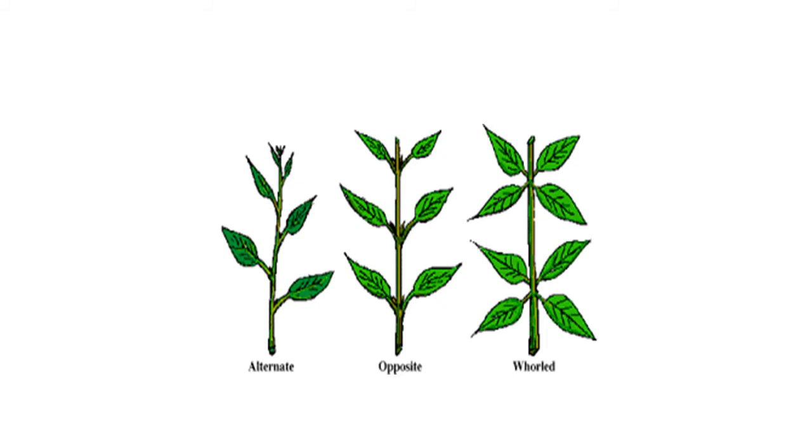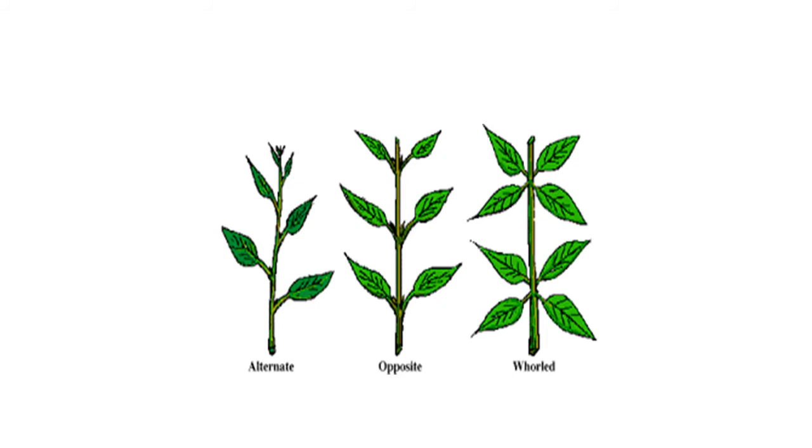In the next figure, the second figure, that is opposite type of phyllotaxy. Here from the nodal region on both sides, right hand side and left hand side, leaves arise, and the arrangement is in opposite direction, and that's why this phyllotaxy is known as opposite phyllotaxy.